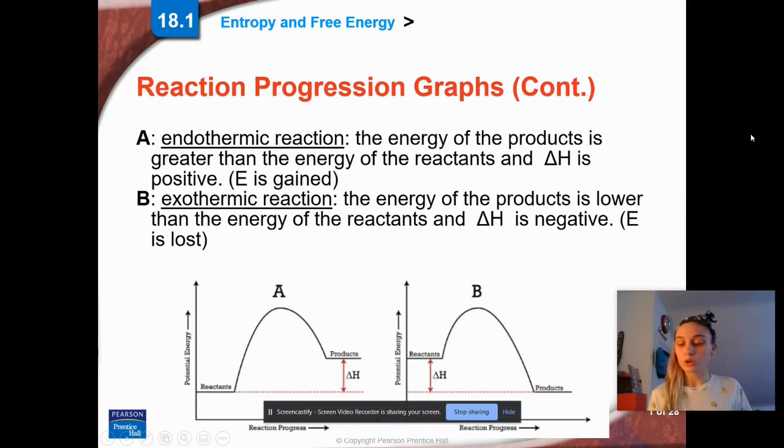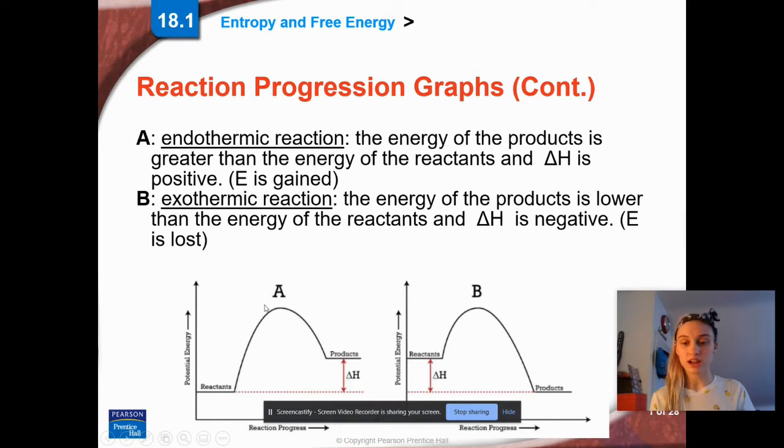Okay, so the first thing that I want to talk about before we move on is I forgot to mention the differences between the graphs if the products have more energy or less energy than the reactants in one of these reaction progress graphs. I already told you the parts of this graph. We have the reactants over here, we have the products over here.